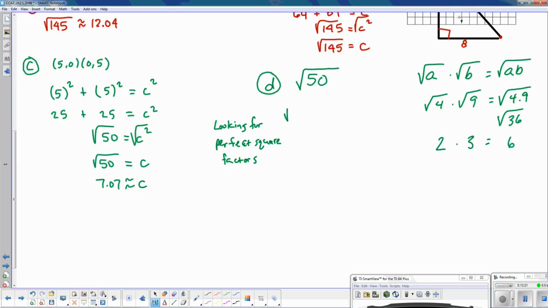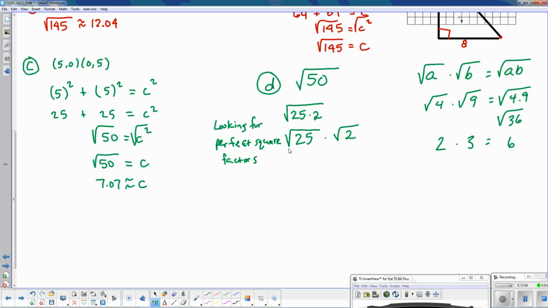So I'm going to take the square root of 50, which is the same thing as saying 25 times 2. 50 is the same thing as 25 times 2, in which case, using this property, we can say this is the same thing as the square root of 25 times the square root of 2.